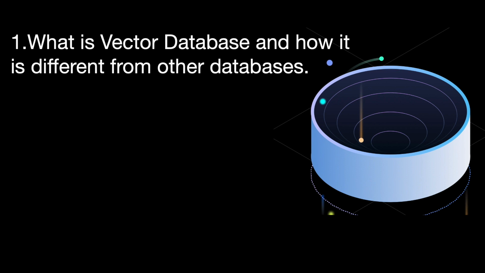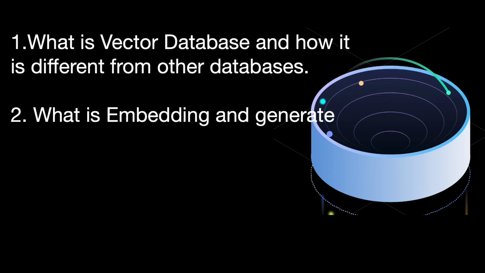I have divided this video into 4 sections. In the first section, I will explain what a vector database is and how it is different from other databases, the RDBMS and the NoSQL database. In the second section, I am going to explain what an embedding is, what a vector is, what an image embedding is, and how it is connected with data science and the AI part.